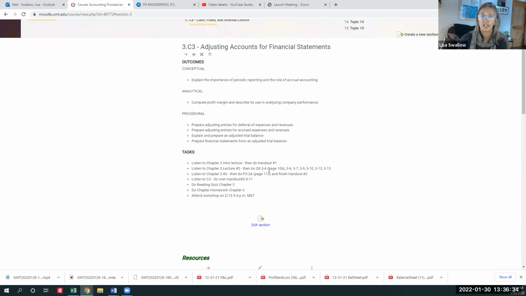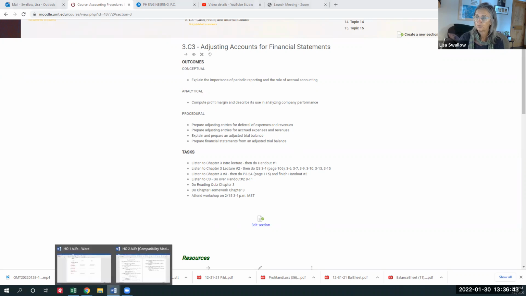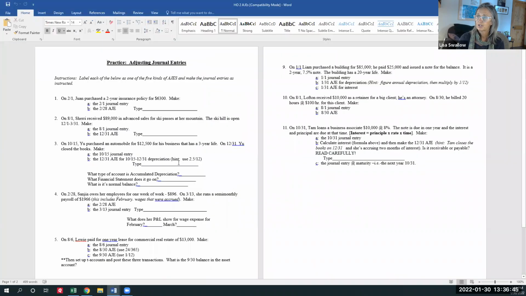Then for the last lecture, we are going to work from handout number 2. And handout number 2 is also on your Moodle. And these are adjusting journal entries that are a little bit more difficult and challenging.